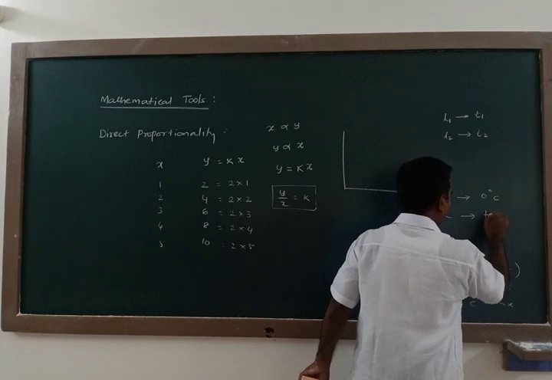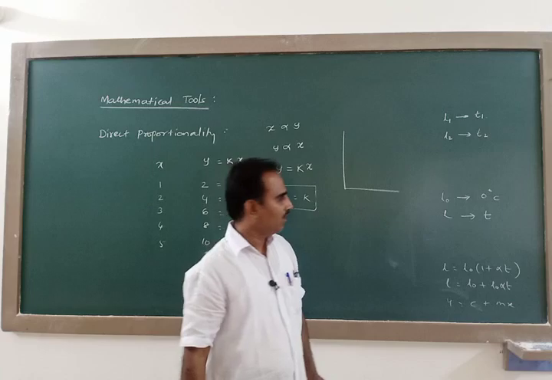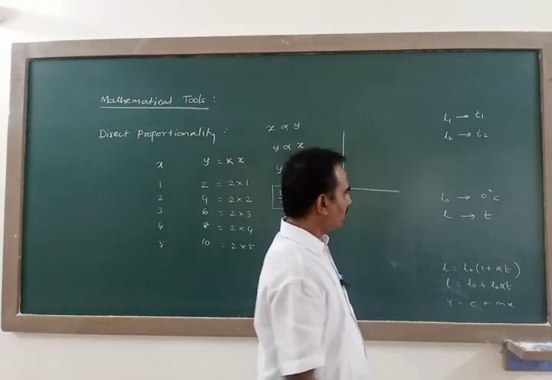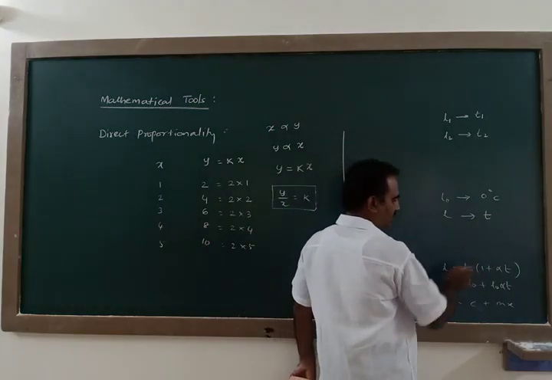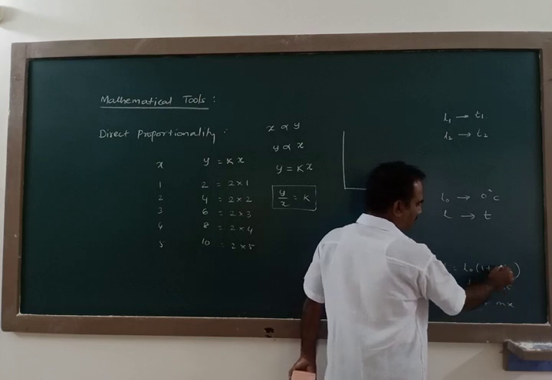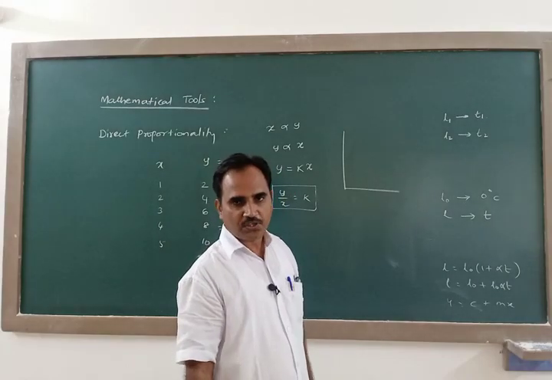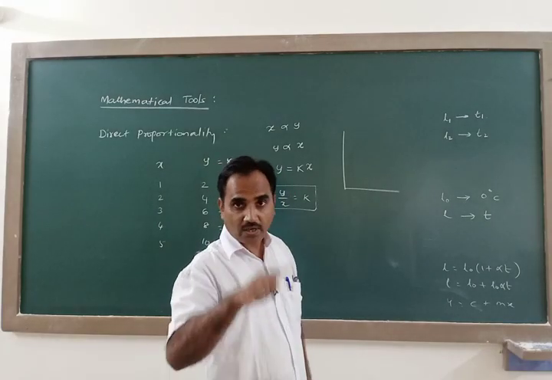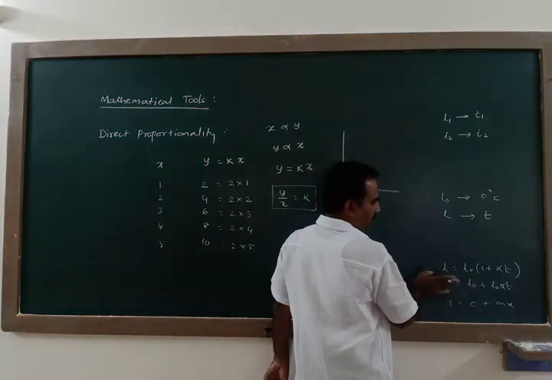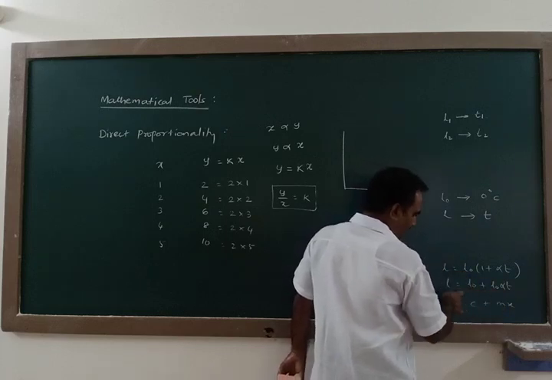L is the length at temperature T. Then the relation between these two is given by this equation, where this term alpha is called the coefficient of linear expansion of the material of the wire. It is the property of the material. So you just remember this relation, and this relation can be written like this.